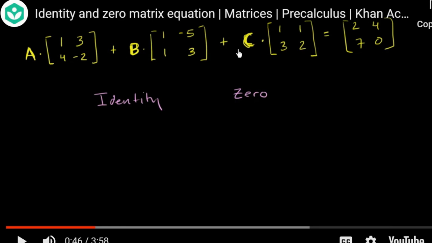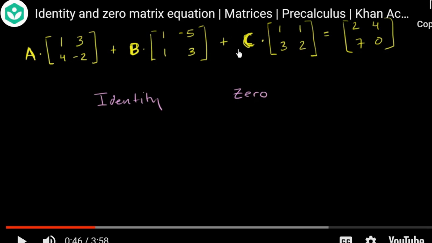So the question is, and like I said, there's a question in our quiz, A, B, and C. We have to figure out which of those would be identity matrices and which of those would be a zero matrix. Well, what do we know about identity and zero matrix? If, let's say, for example, A was a zero matrix, that means that A times this matrix would be 0.